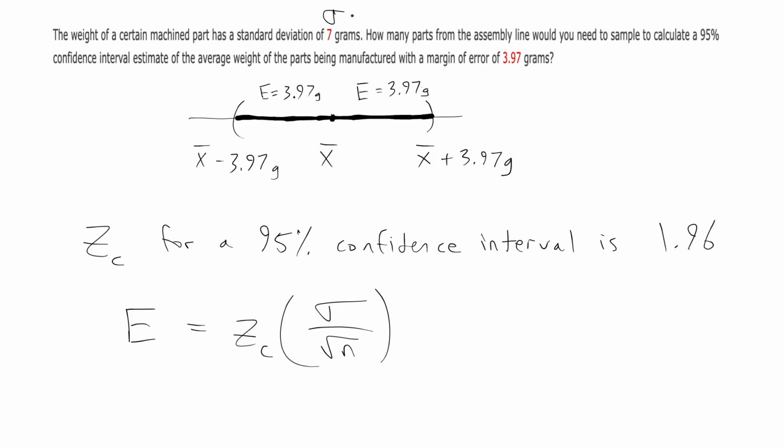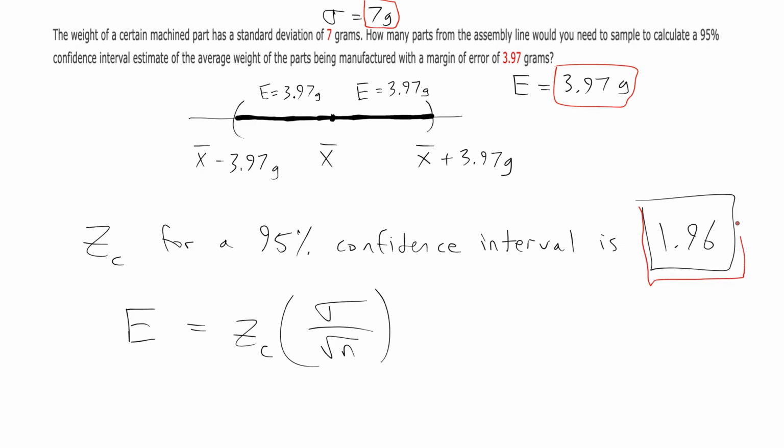Standard deviation is given to be 7 grams. And the margin of error that's desired is 3.97 grams. And we now know the ZC that we require as well. So it's going to be this, and this that we use in our calculation.